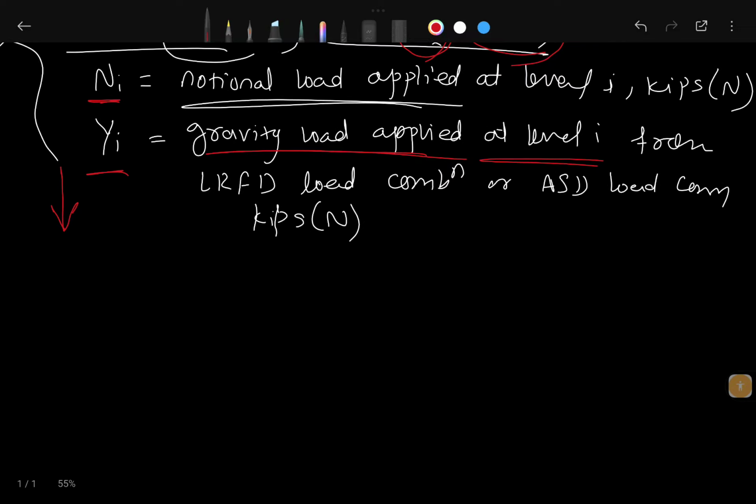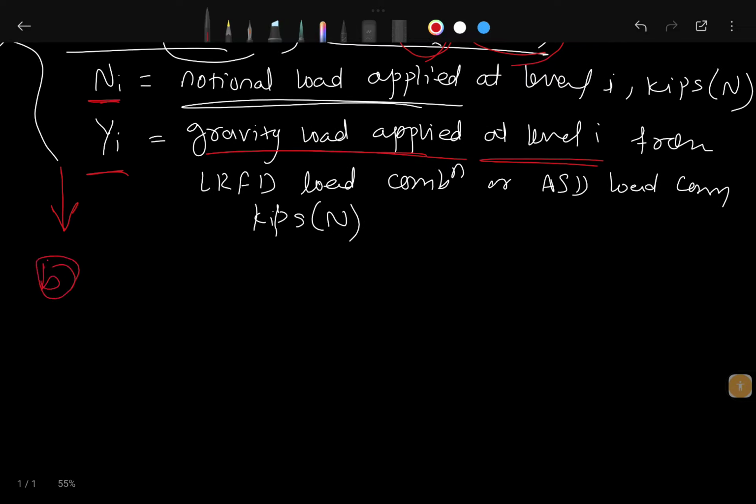The correct horizontal reaction at the foundation may be obtained by applying an additional horizontal force at the base of the structure, equal and opposite in direction to the sum of all the notional loads, distributed among the vertical load carrying elements in the same proportion as the gravity load supported by those elements. The notional load can also lead to additional overturning effect which is not fictitious. So this is the note we have provided.